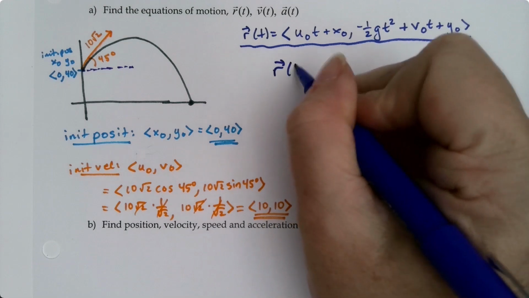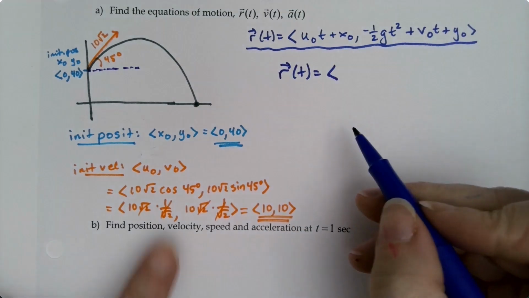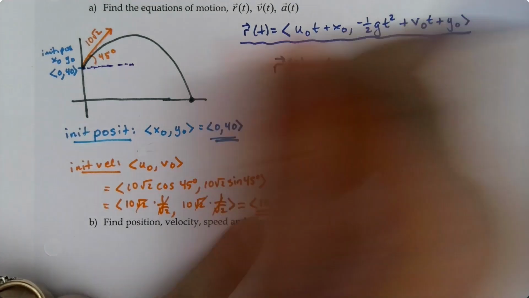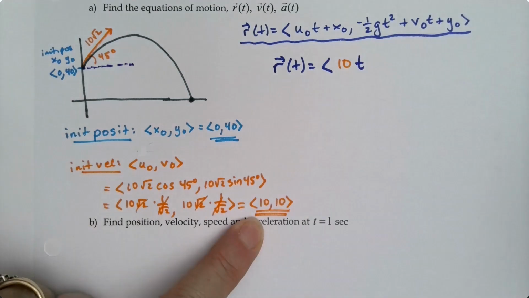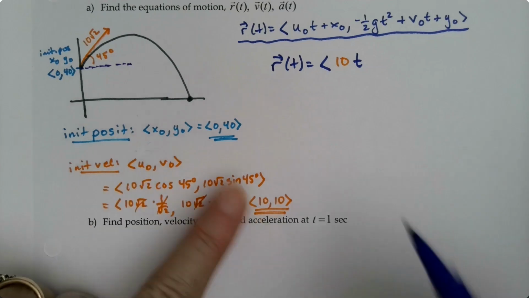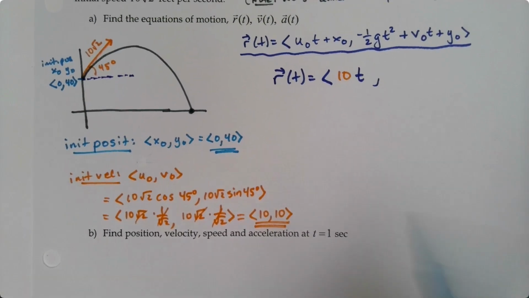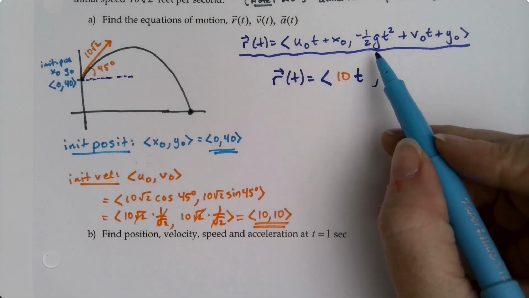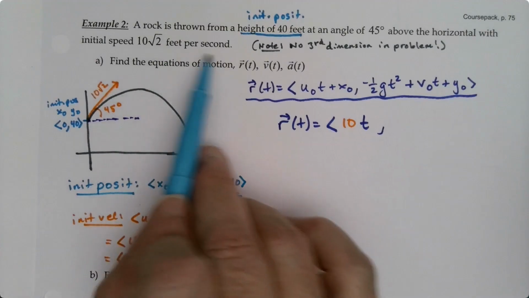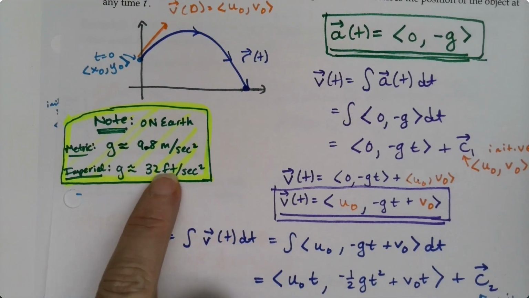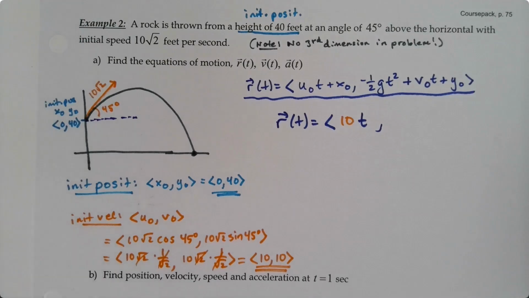So r of t would be equal to u0, which is 10, t plus x0, which is 0. So there isn't anything there. Comma. Okay, now we need to take a moment. This is feet per second. So you have to remember back a page. Gravity in imperial is 32 feet per second squared. So we're just going to pop that value in there.